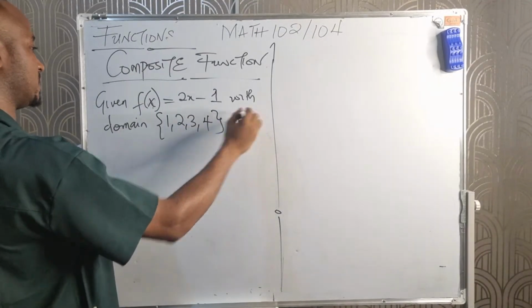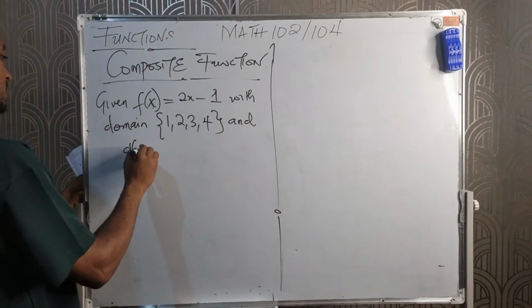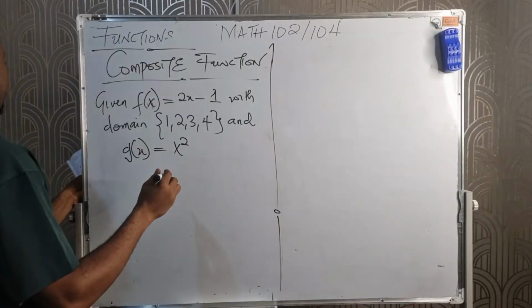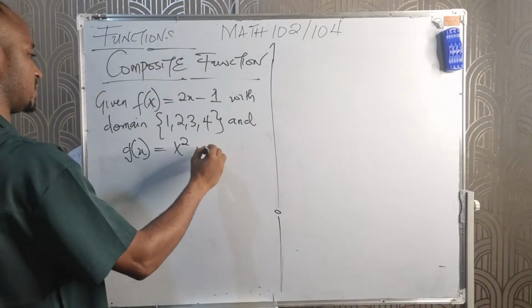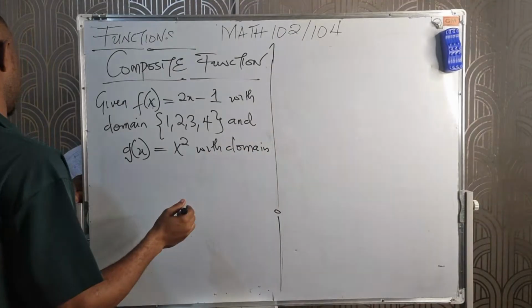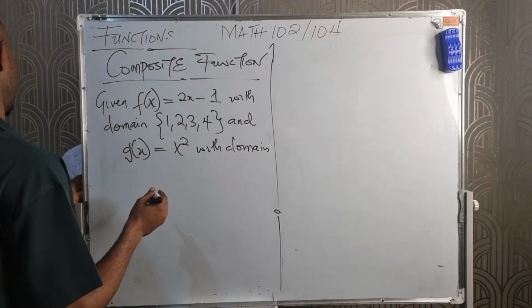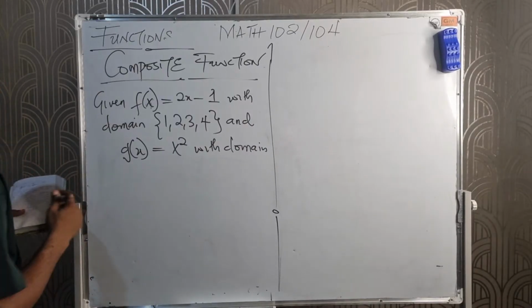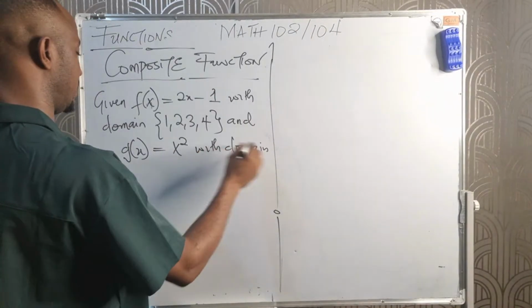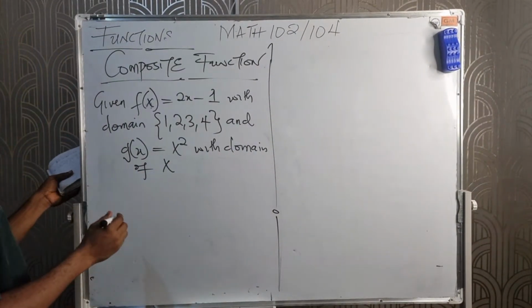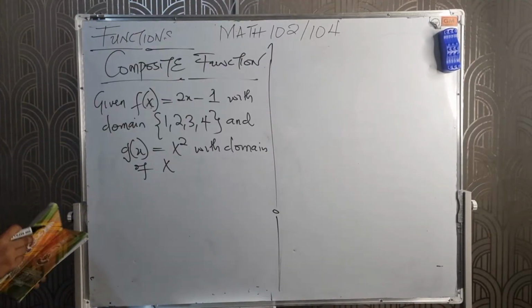And g of x equals x squared, with domain of x.